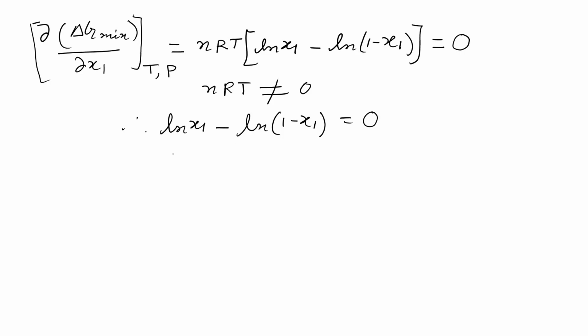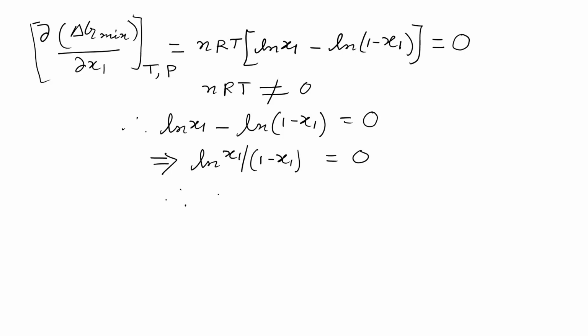So here what can we write? Log A minus log B. So ln of x1 by 1 minus x1 is equal to 0. Log x is equal to 0 means that this one will be 1, because we know log 1 is equal to 0.